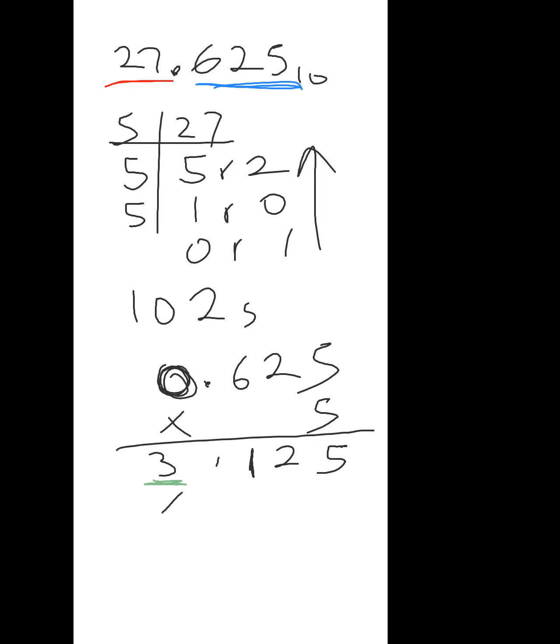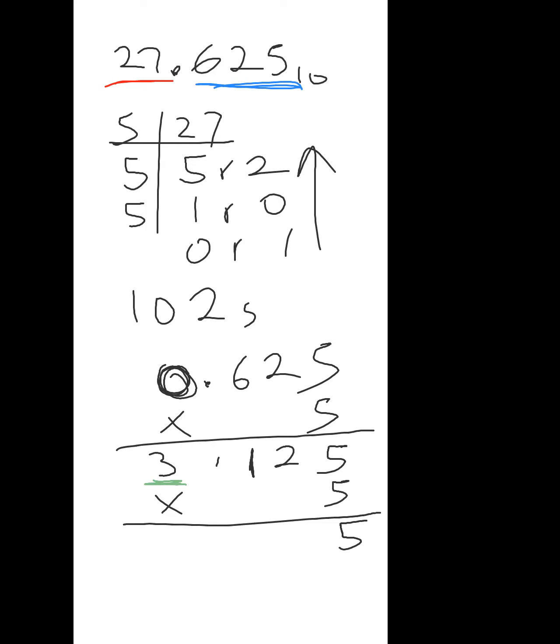Then I'll go back. I'll multiply the number before the decimal part by 5. 5 times 5 will give me 25.